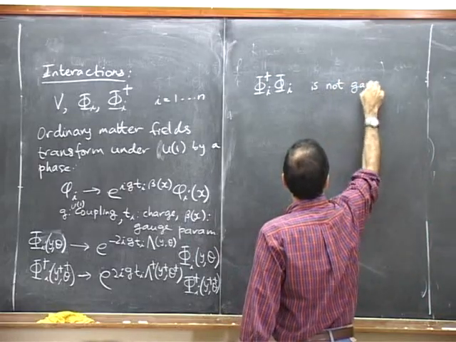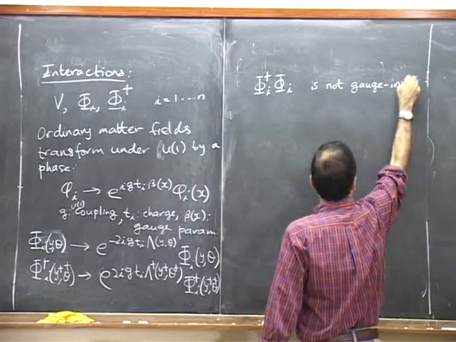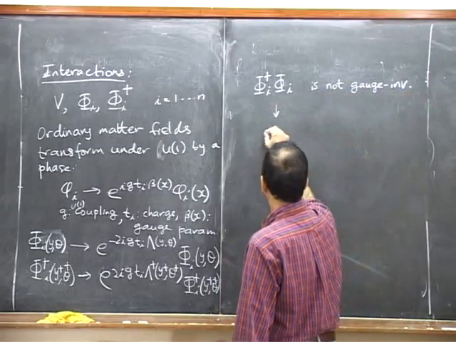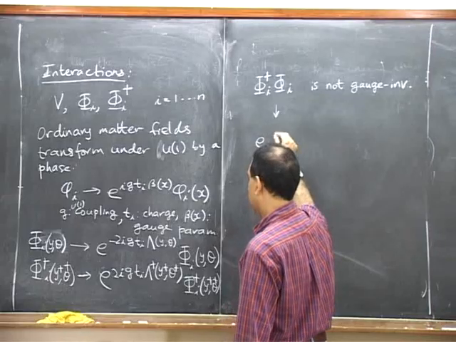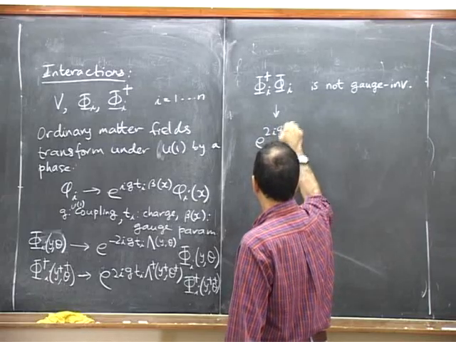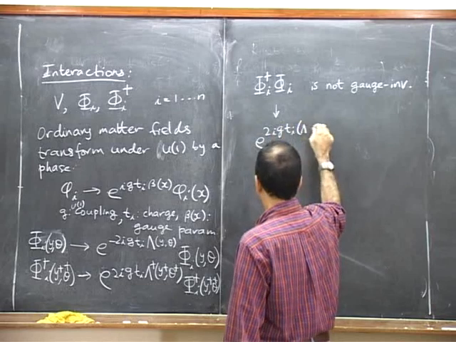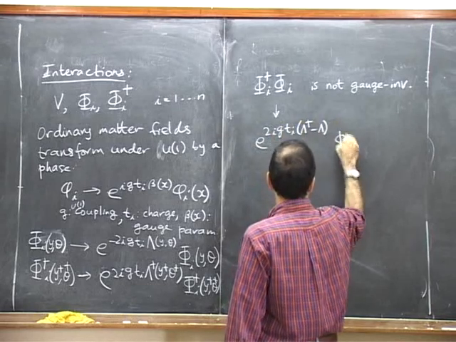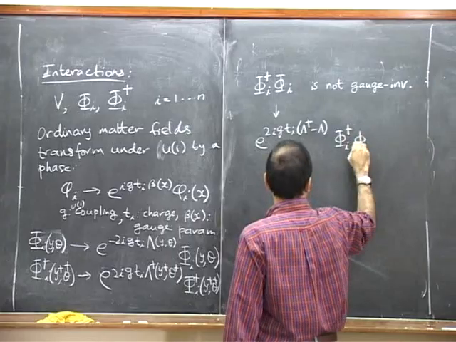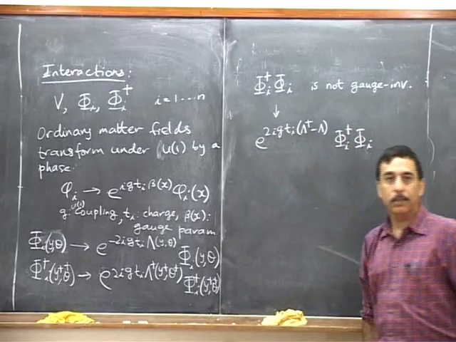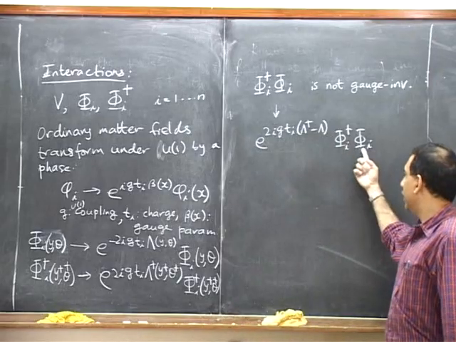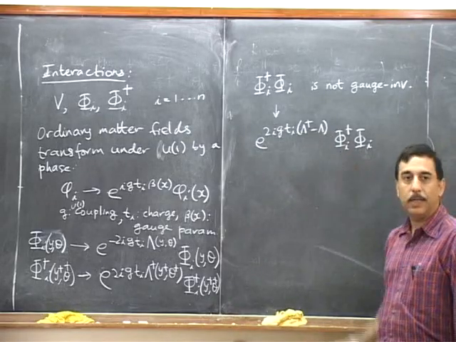Can you see why? Because under gauge transformation, it goes to e to the 2i g t^I (lambda dagger minus lambda) times phi I dagger phi I. This being the piece that acts on phi, and this being the piece that acts on phi dagger.